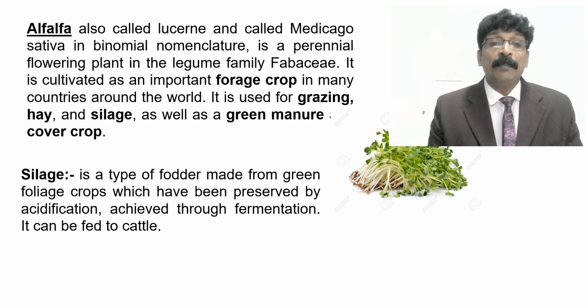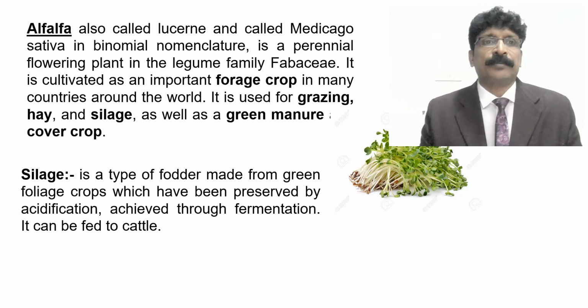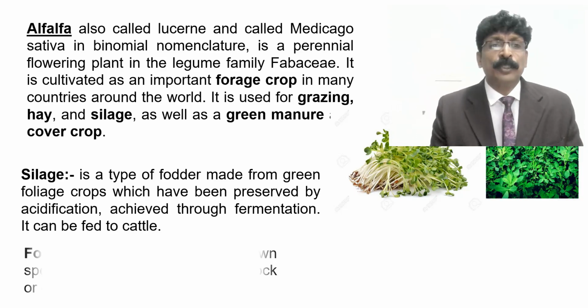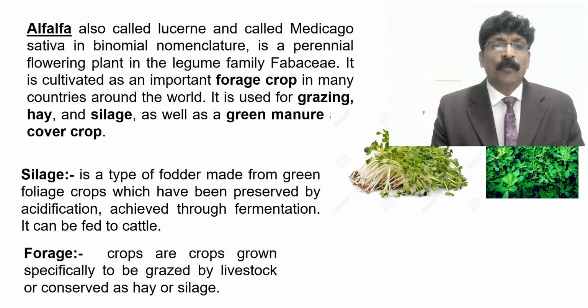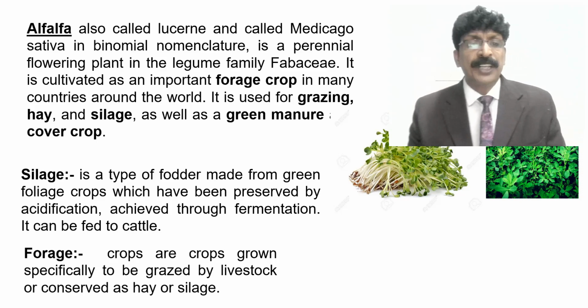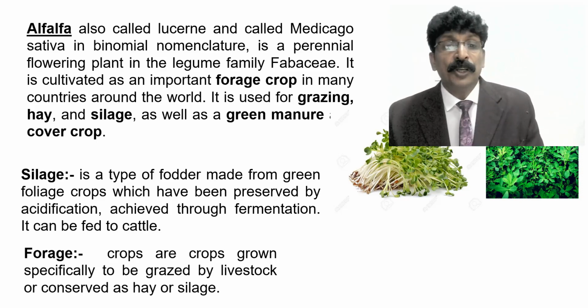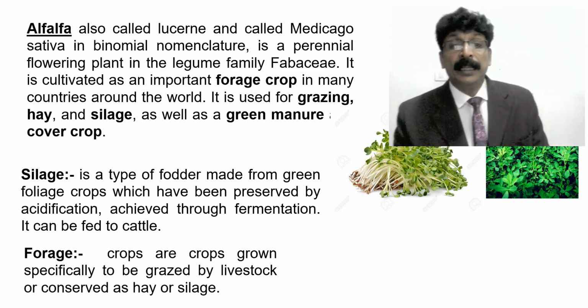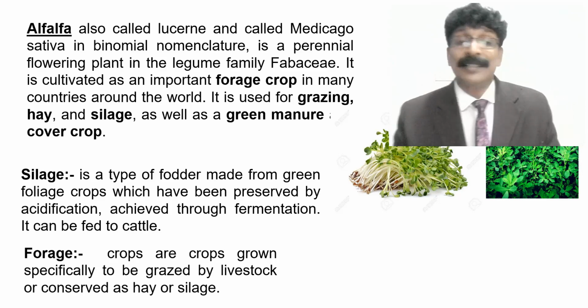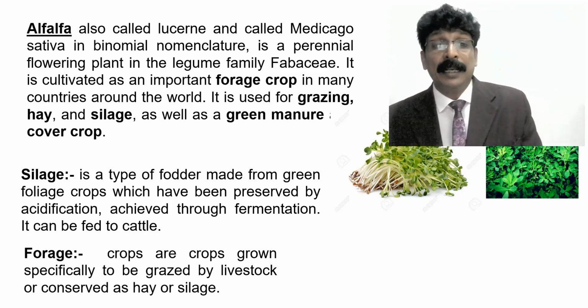It can be fed to cattle also. So this is another plant which you should know. Forage crops are crops grown specifically to be grazed by livestock and conserved as hay or silage.